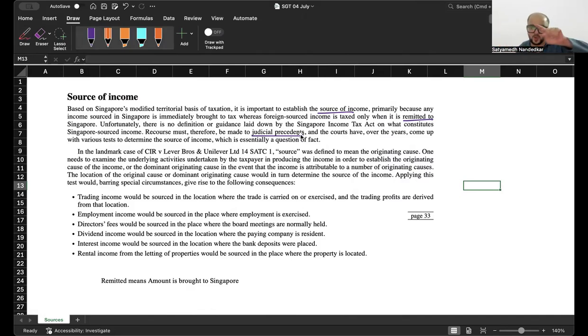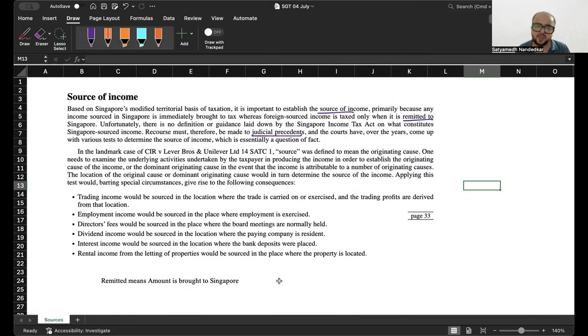If that is the case, then you can cite that particular case law, and you can say that because in that situation, when a student hit a teacher, you levied a penalty of 15,000. In this case, also, the student has hit a teacher, so you should levy a similar penalty. Why? Because facts are the same. That is known as a judicial precedent. In the landmark case of CIR versus Lever Bros and Unilever, source was defined to mean the originating cause.